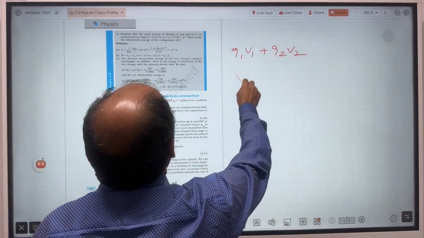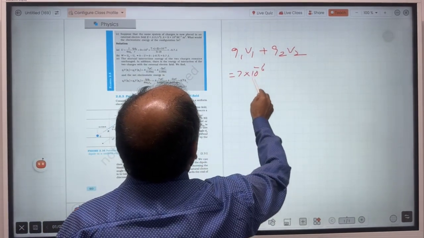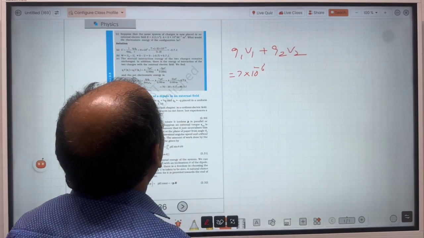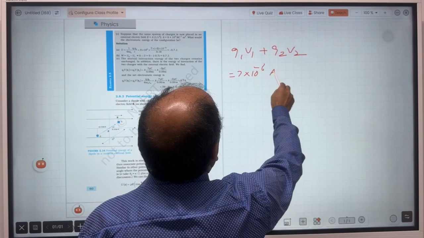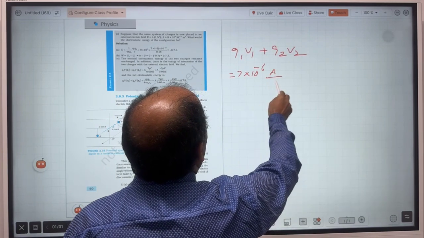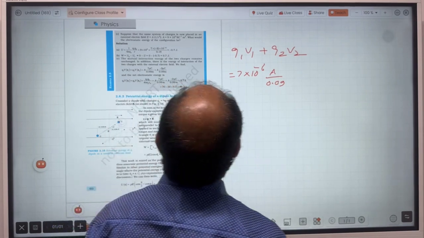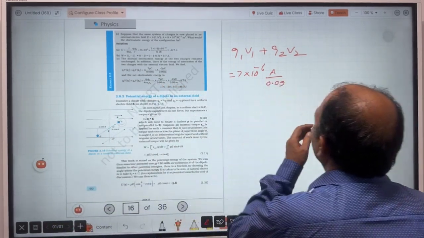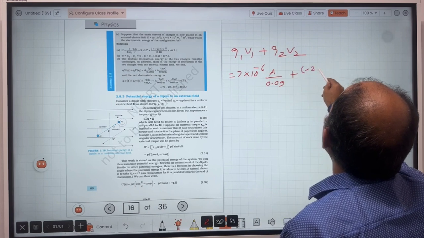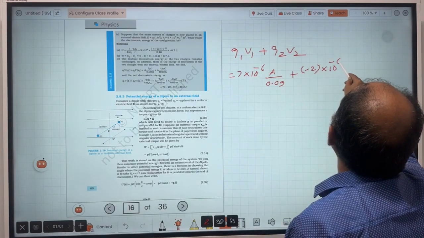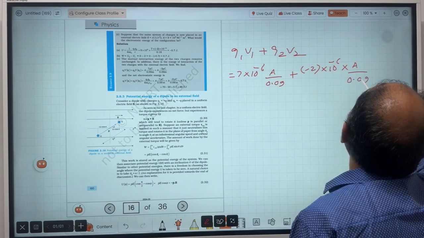Here Q1, the charge, is 7 into 10 to the power minus 6, and the voltage formula is A upon R, where R is 0.09 because it was 9 centimeter. Here we are taking just the magnitude of the distance. And the second one, the charge is minus 2 into 10 to the power minus 6 into voltage, that is A upon R, 0.09.